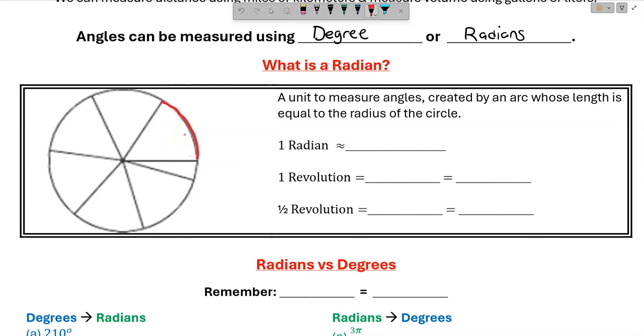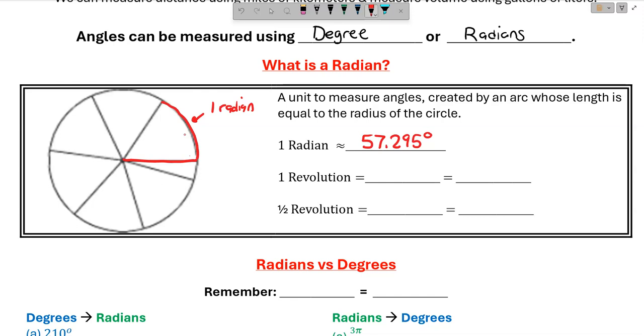I would bend that radius, and right there, that is 1 radian. So 1 radian is essentially taking that same radius, turning it and bending it to create an arc. That arc is 1 radian, and what we found through our activity is that it is approximately 57.295 degrees.